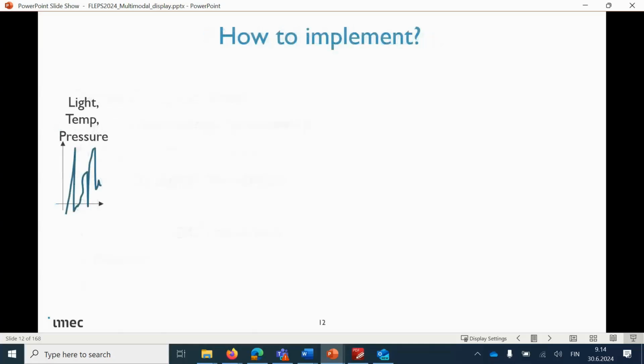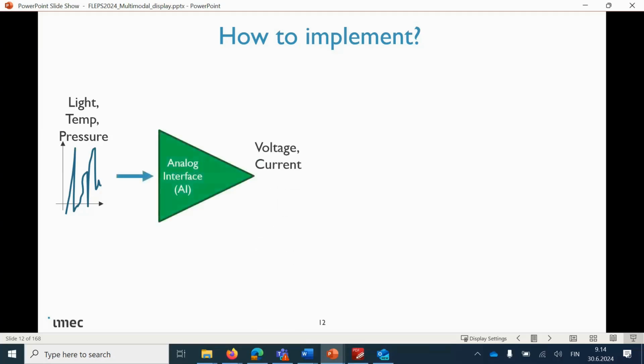So how do we implement this? How does all of this come together? I already gave a brief intro on this, but let's make it more visual. So usually you have from the environment either light, temperature, or pressure, or something else that changes in time and also changes in amplitude. To interface that, you will need what we call an analog interface, which is also usually biasing, and using that block, you can get in the output some voltage or some current.